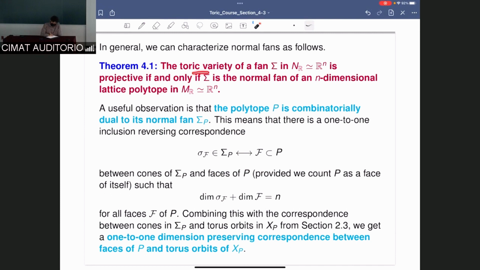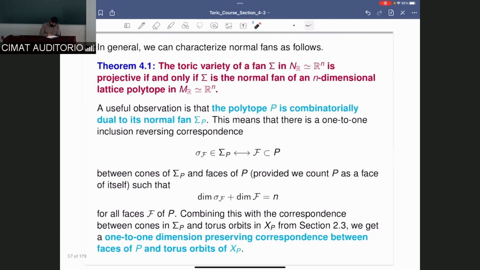The toric variety of a fan is projective if and only if the fan arises from some lattice polytope in that way. So if we want to get projective toric varieties, then it's really easy because you just start from a polytope and get the fan from that and get your variety. And to check whether it is projective, well, you have to do some computations, but it will be to try to find a way to check that.